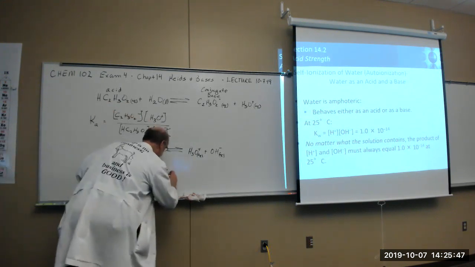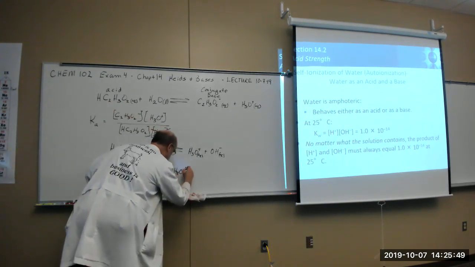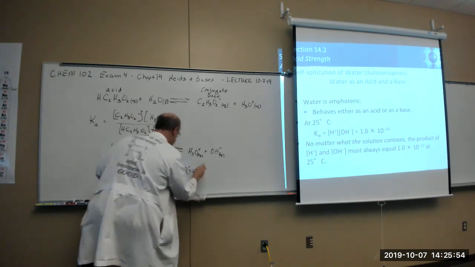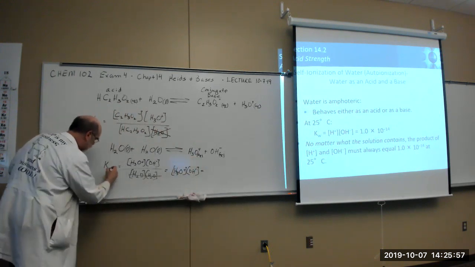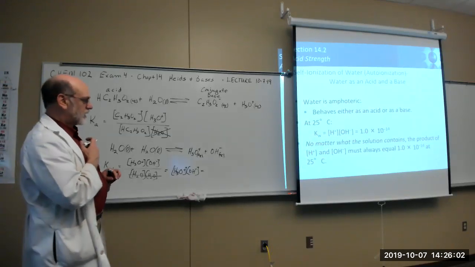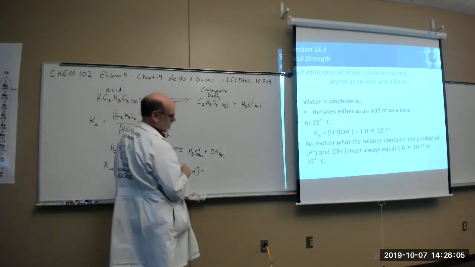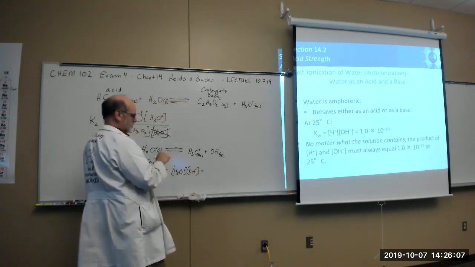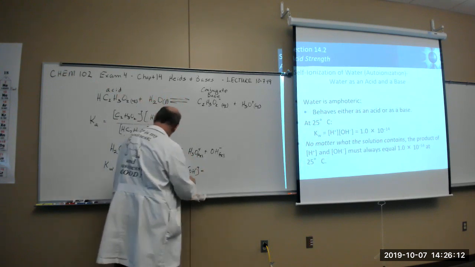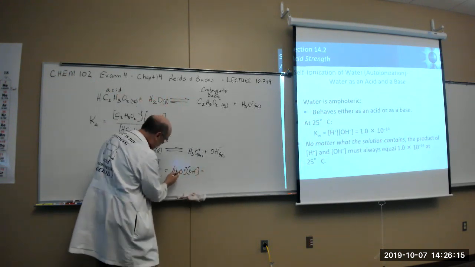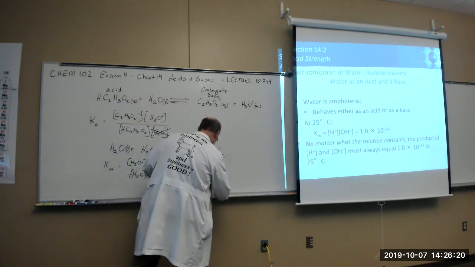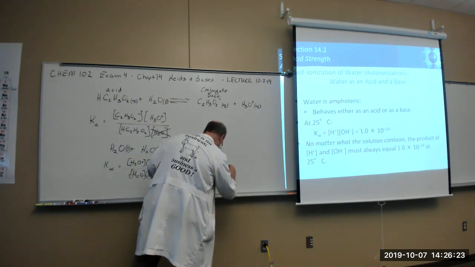So what we have is hydronium concentration times the hydroxyl concentration is equal to some value, and we give it a special subscript, Kw, for water. Now, at around 25 degrees, actually not exactly 25, but that's close enough for student work, the K value for the self-ionization of water is 1.0 times 10 to the minus 14.